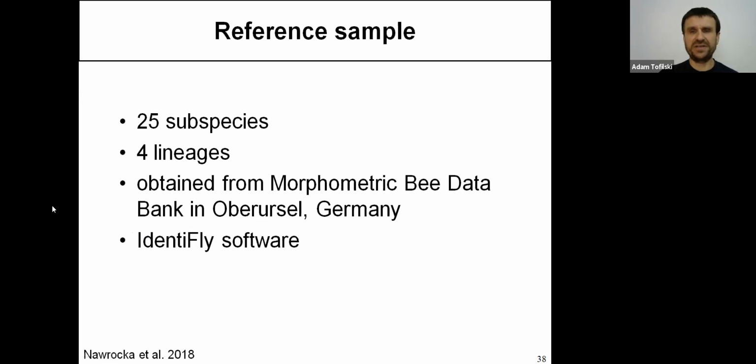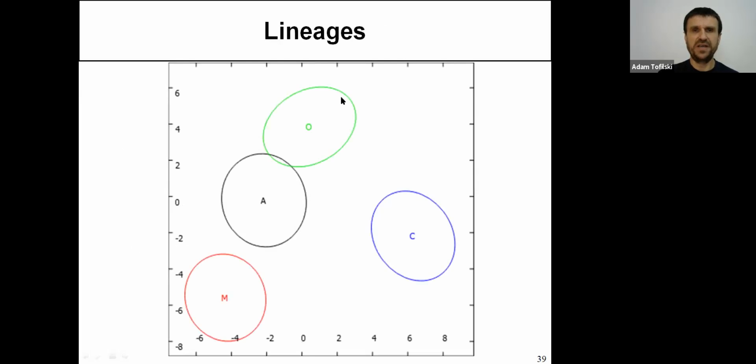It's not a perfect reference because there is not enough. It would be much better if the number of colonies would be higher. You see the 4 lineages, and the lineages are much better than subspecies because each of the lineages is represented by probably more than 100 colonies.